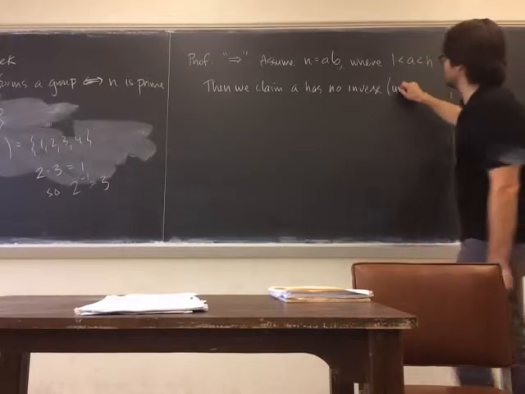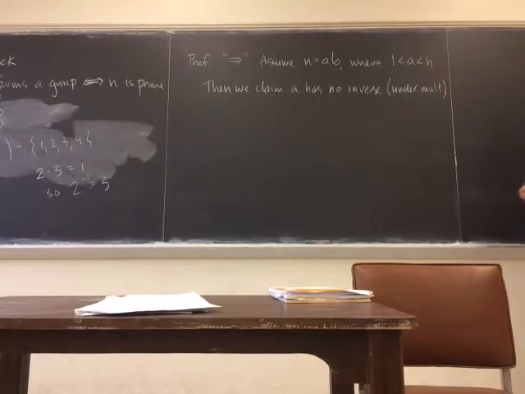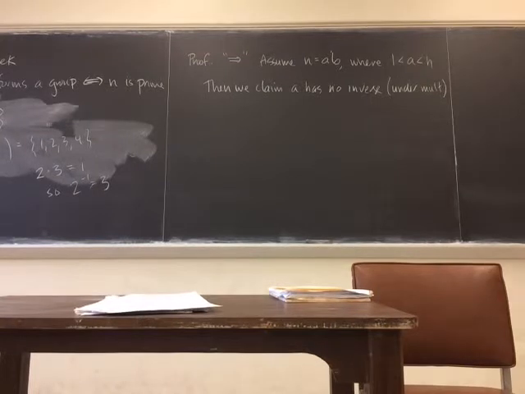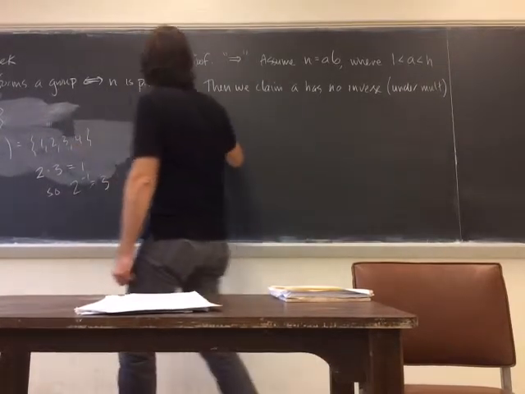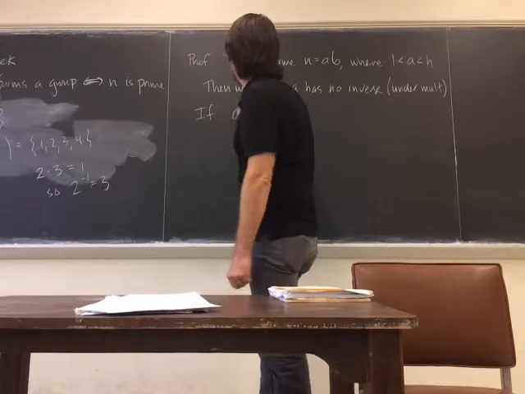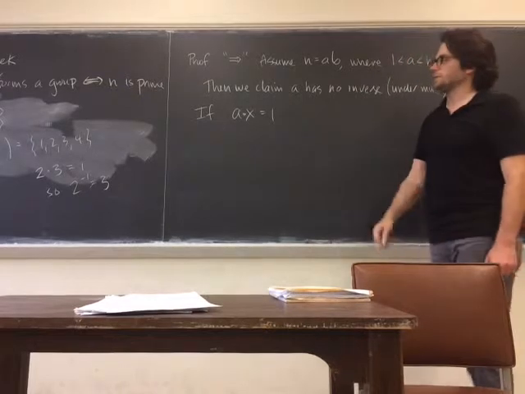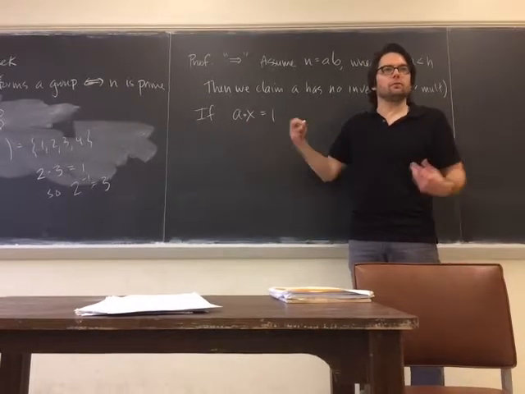So this is under multiplication. Again, this was on your worksheet, so maybe you guys did think about this, but I just want to go through the argument. Okay, well, let's see. If we had a times something, x, equals 1, so if we had an inverse of a, what does that actually mean?